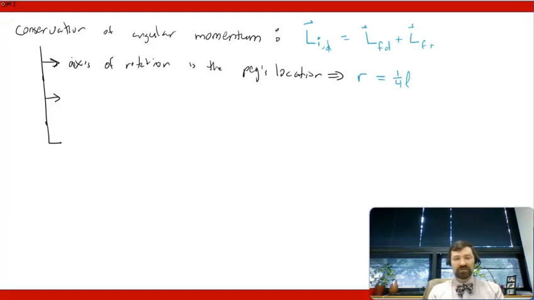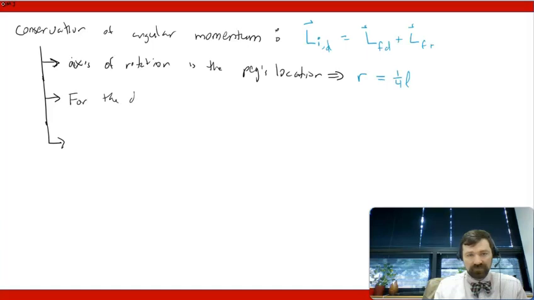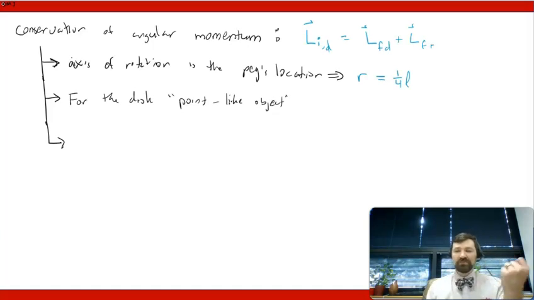Second piece of information: how do we calculate the moments of inertia? Or do we need to? Well, for the disc, we are basically acting like we have a point object. So it's a point-like object, meaning that the radius of the disc is small compared to the length scales implied.